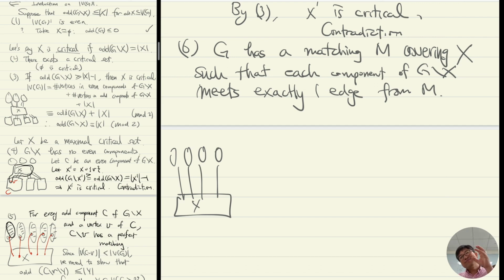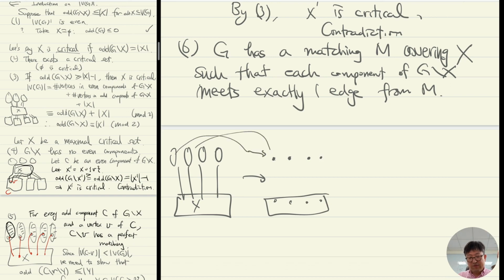Well, you can think of a new graph obtained by contracting these components into single vertices. Contract each component to one vertex. Now what's left is a bipartite graph. You may still have edges inside X, but I'm going to ignore that. Delete all the edges inside, and ignore loops.